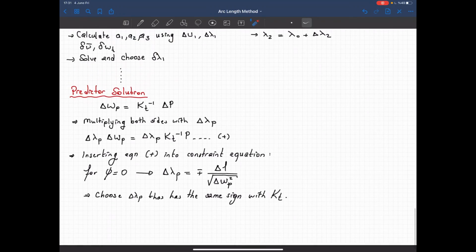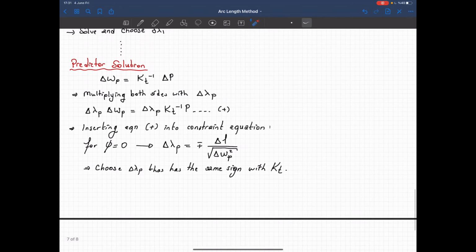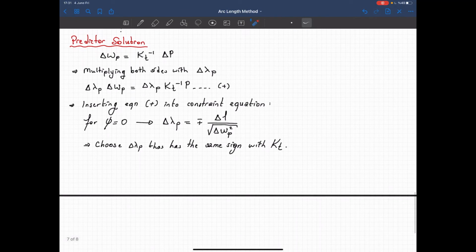Okay, now the other issue is how to choose the correct root. So let's take a look at it. You can look at the literature and find out that there are many papers about it, but I'll just show one approach. So quadratic equations, that's the problem.